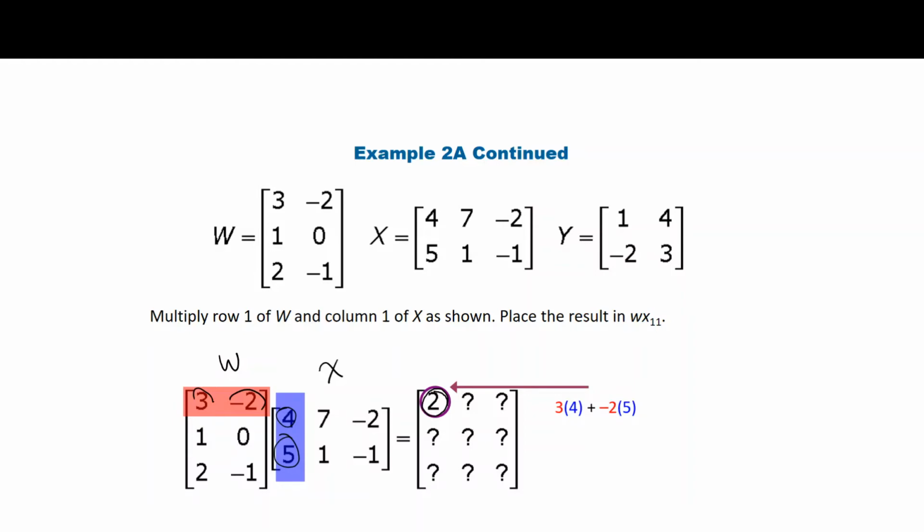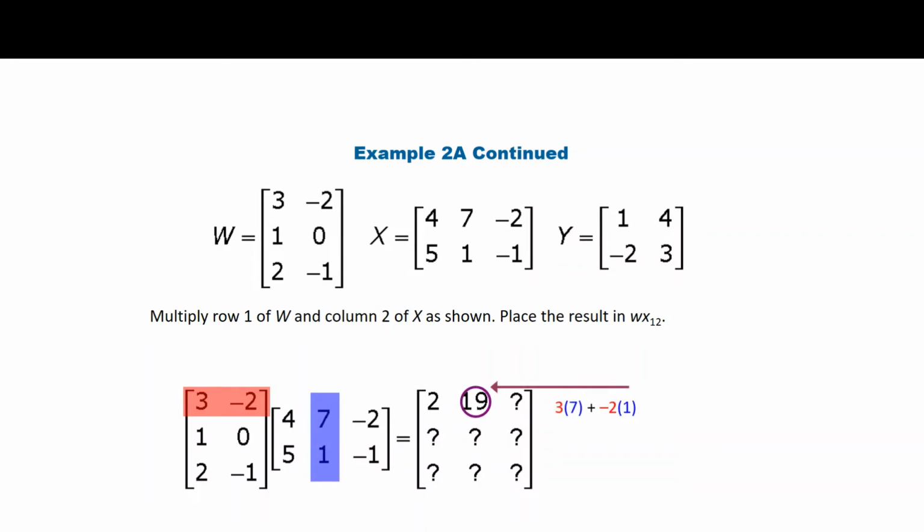Now, let's try the next one. We're going to take the same row, second column. So I'm going to say 3 times 7 plus negative 2 times 1. That's 21 plus a negative 2, which is a positive 19, and that goes in our second spot. All right, let's move on.